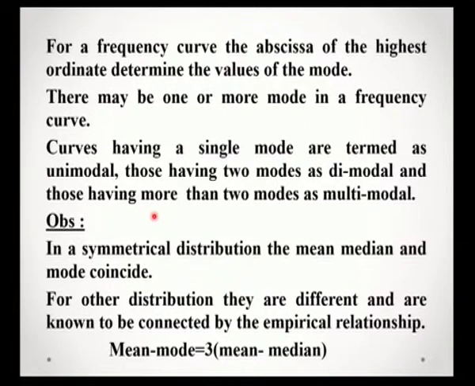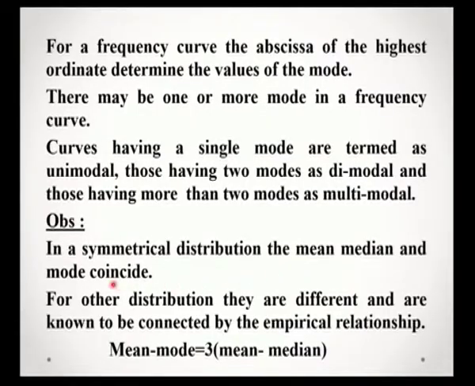Then in the mode explanation, the following observation is obtained. If the data is a symmetrical distribution, in the sense equally distributed, then the mean, median and mode coincide. That means all the three are considered here: arithmetic mean, median and mode. Quartile is not taken into account here.